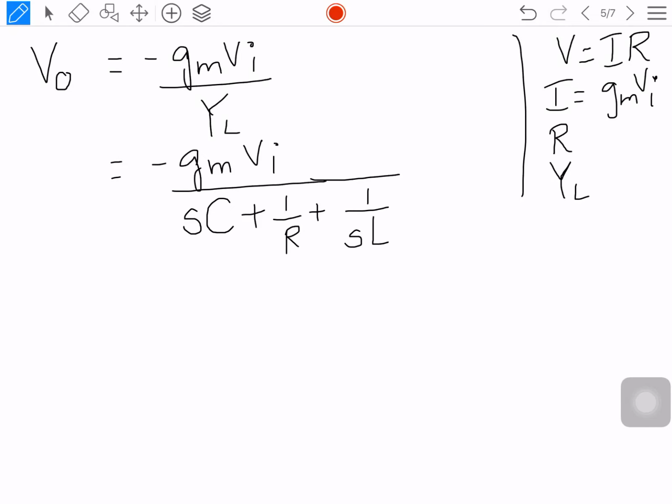If you are taking the inductor and the capacitance, these are the frequency dependent components. So I have written here S. S is nothing but the frequency dependent term here, which can be written as j into omega.